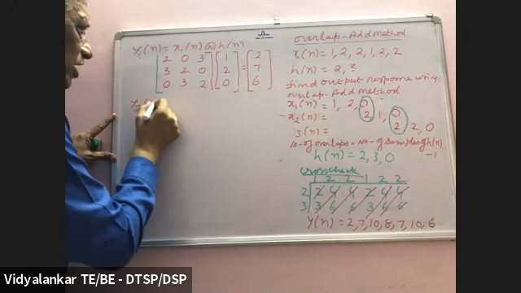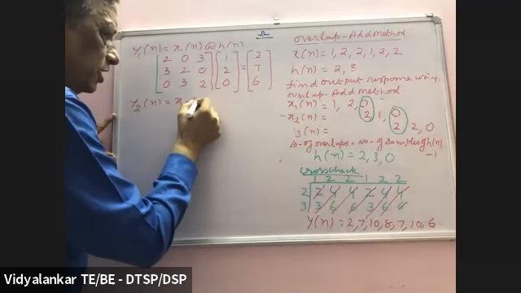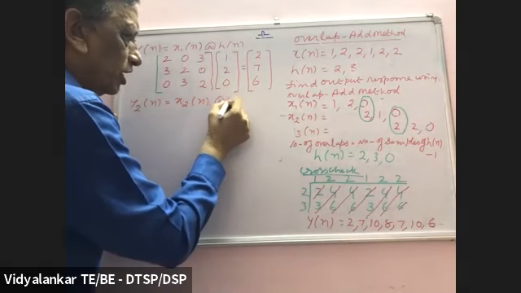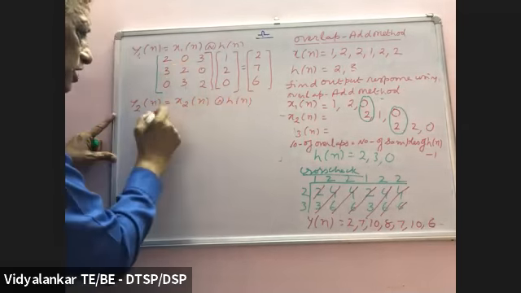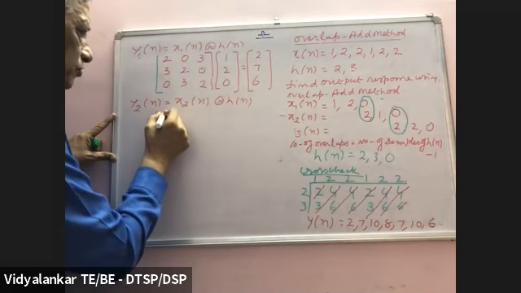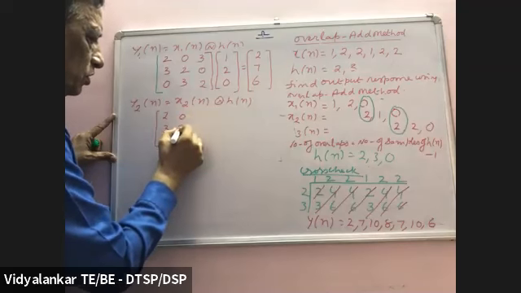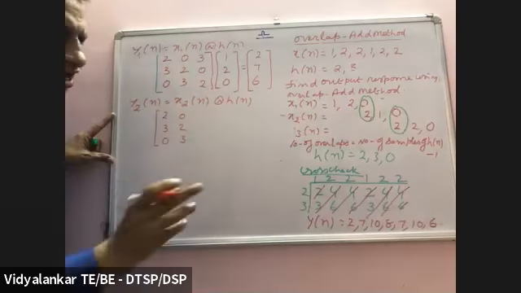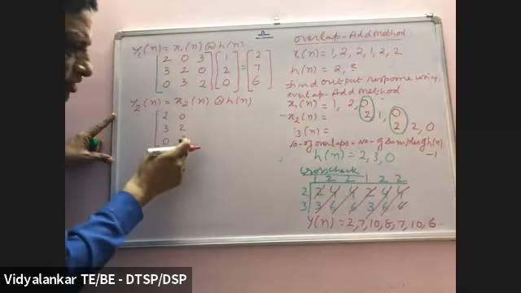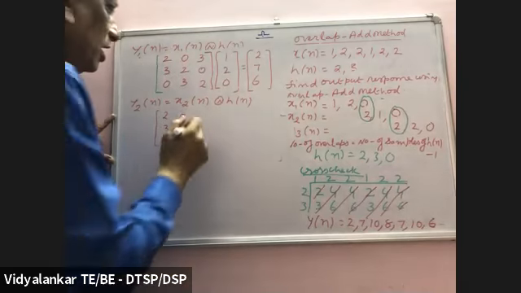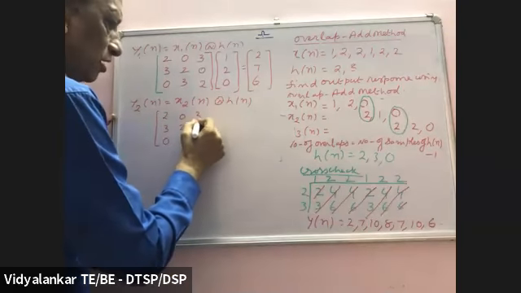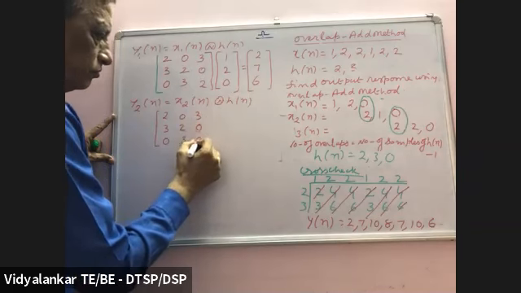In the same way y2[n], which is x2[n] circularly convolved with h[n]. The same h[n] you will take, 2 3 0, 0 2 3, 3 0 2. So that way whenever you prepare h[n] as a square matrix, the same thing you can use in the other convolutions also.